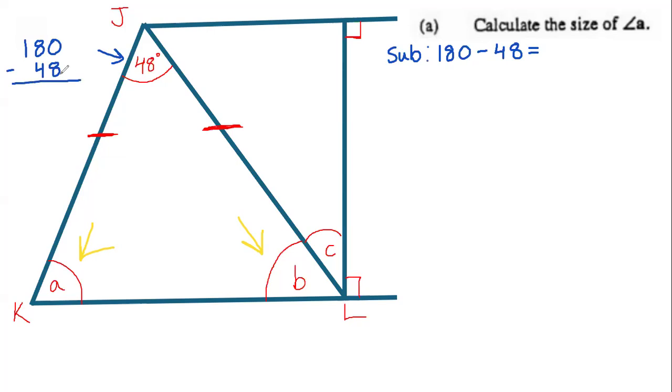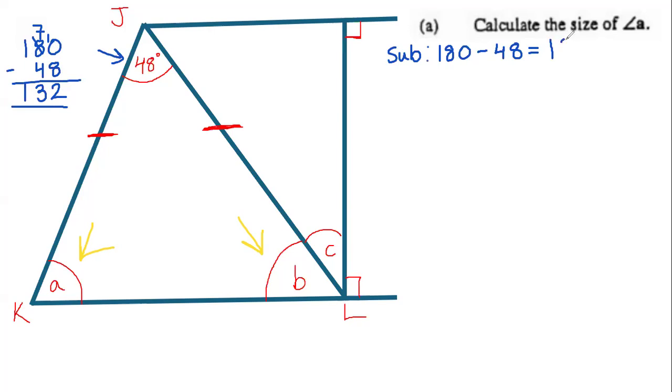Zero minus 8, we can't actually do that, so we have to go here, and it's going to be 7. 10 minus 8 is 2. 7 minus 4 is 3. And 1 minus 0 is 1. Now the answer is 132.